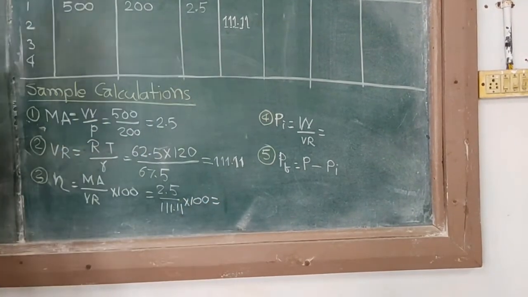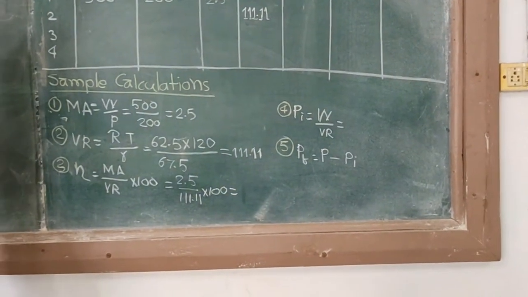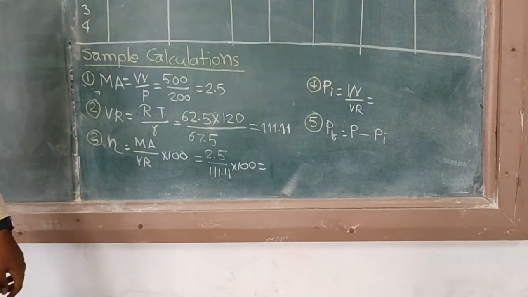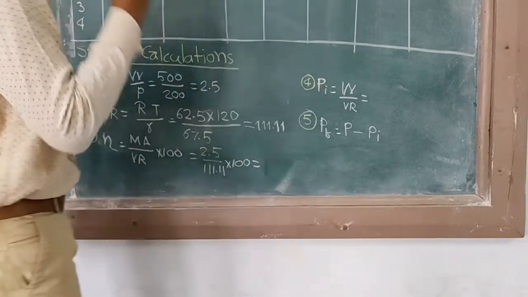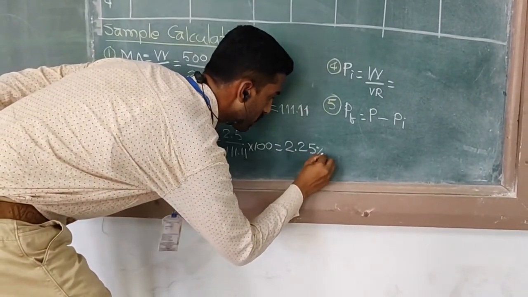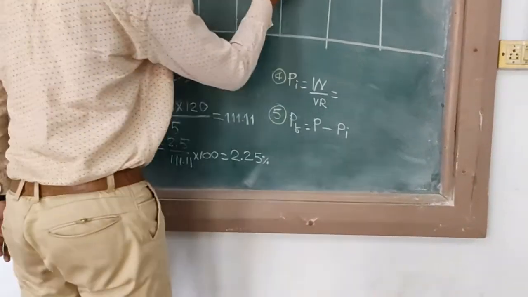By conducting this calculation, we will get the efficiency of the machine, and this answer becomes 2.25%.